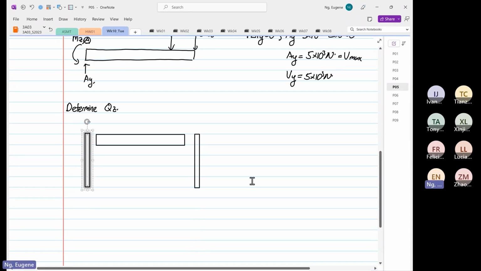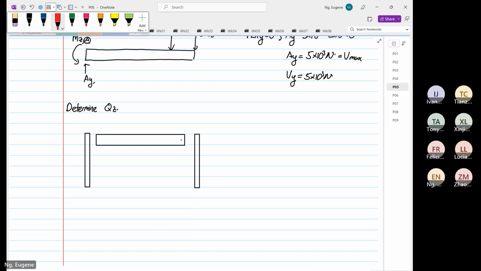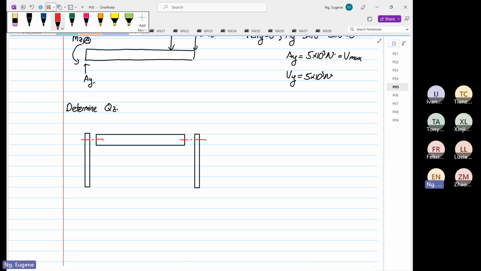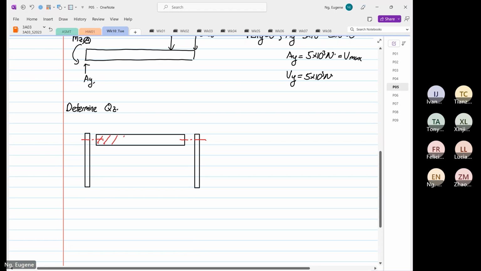Right, we know this. And then we have two fasteners, one over here and one over here, right? So the shear stress or the shear flow needs to distribute over this entire section, right? So remember the rule, the member will distribute the load, the fastener will transmit the load. So that is the first moment of area you have to take.